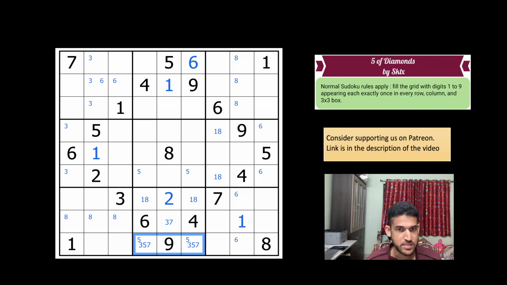And let's see if we can find something better now that we are looking at pairs. Okay, 1, 2, 3, 7, 8, 4 and 9. Okay, 4 and 9. I remember something about 4 9s. If you see box 3, 4 and 9 cannot go in these 3 cells and they also do not go in these 3 cells.